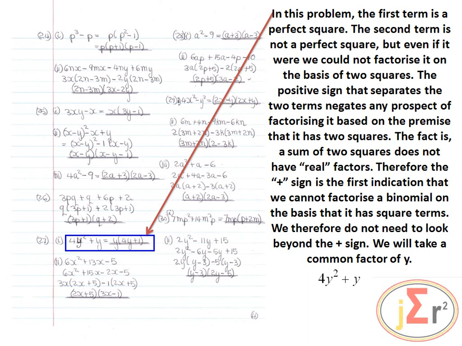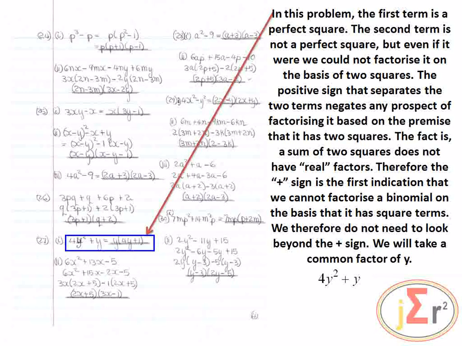But in mathematics in general, we will say that it does not have real factors. Therefore, the positive sign is the first indication that we cannot factorize a binomial on the basis that it has square terms. We therefore do not need to look beyond the positive sign. We will take a common factor of y.